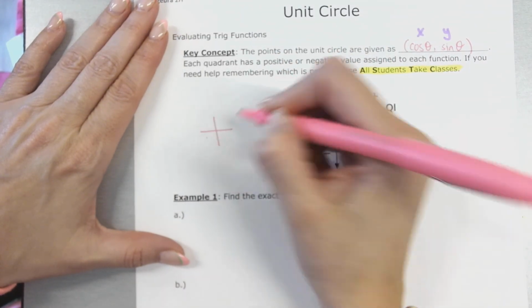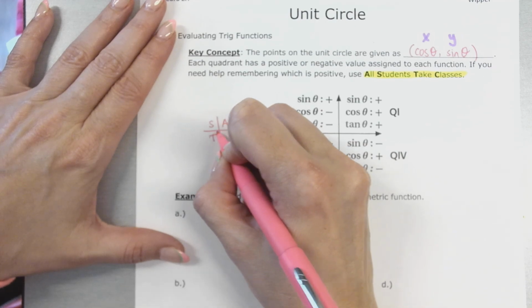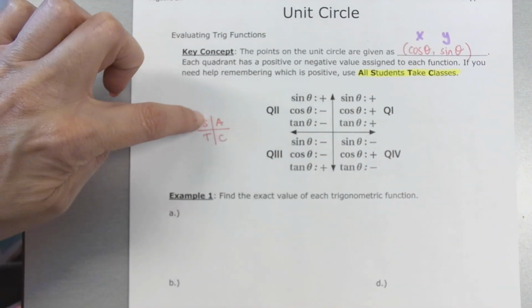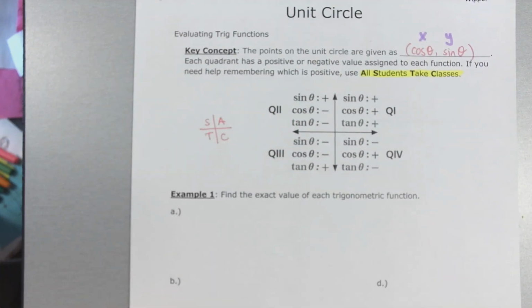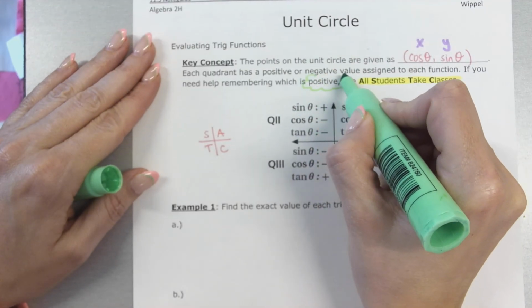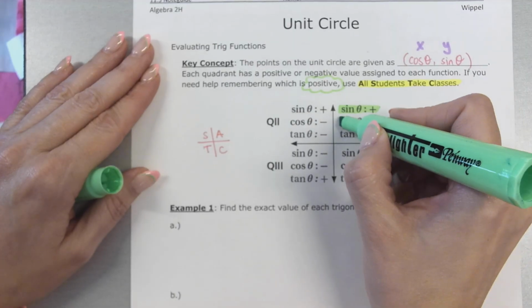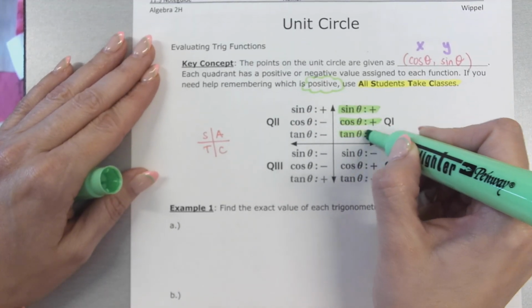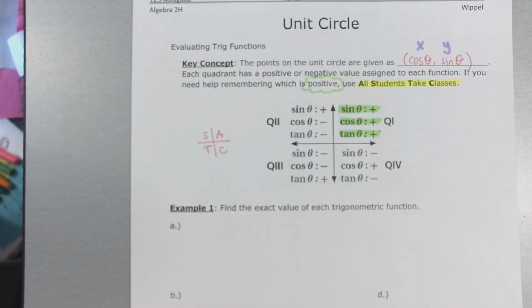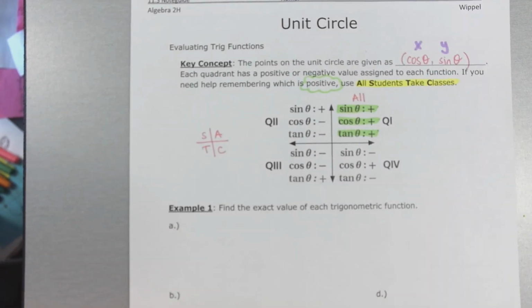So usually you'll see me write out A, S, T, C, all students take classes, and that correlates to where these are positive. Okay, so in quadrant 1, the sine is positive, the cosine is positive, the tangent is positive. Okay, so the A stands for all of the trig functions are positive.